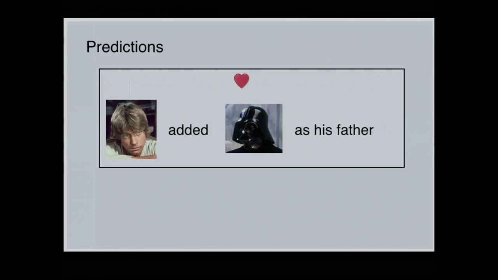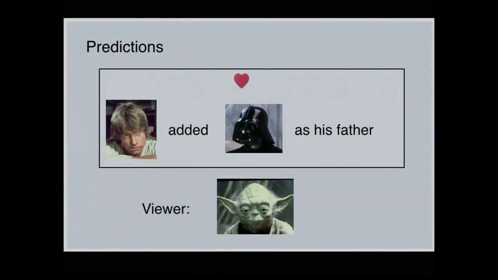So here, Luke has added this other user, Darth, as his father on Facebook. And there may be some other user, say Yoda, that can potentially see this story, as well as a number of other stories of other people that Yoda is friends with. So the question is, should we show Yoda this story?